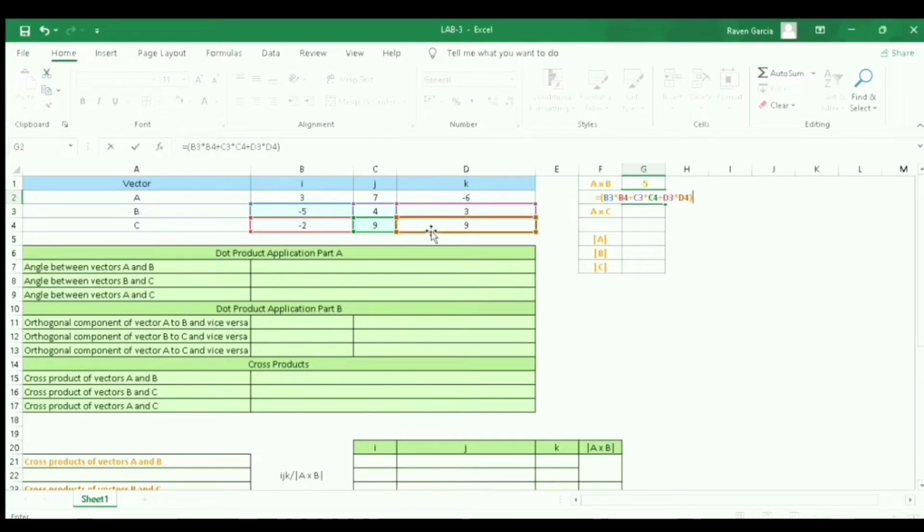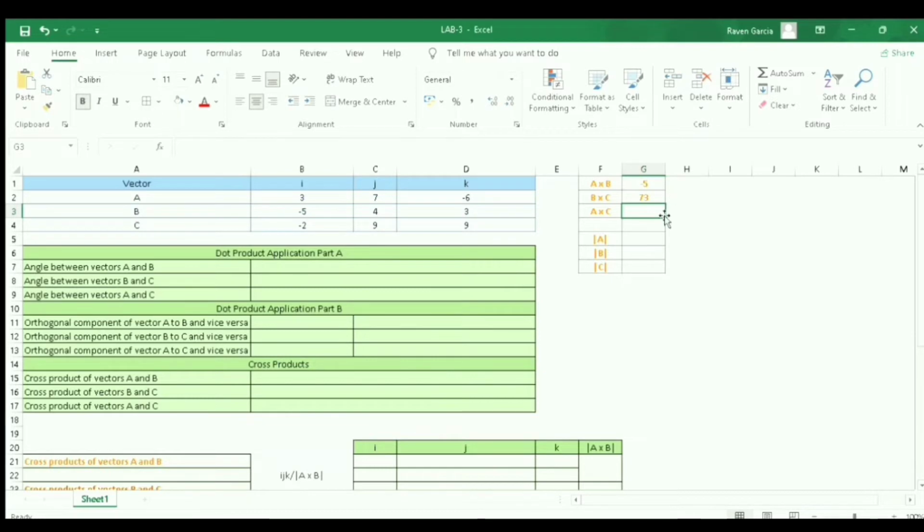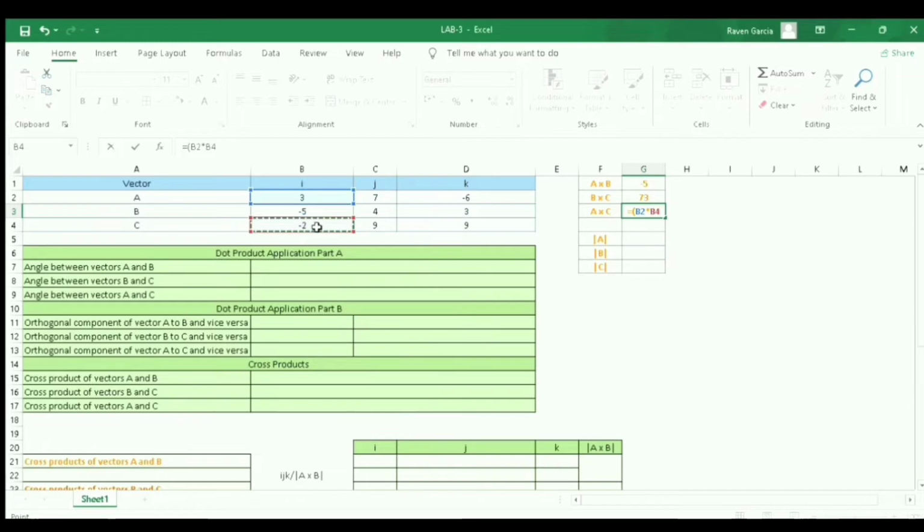The output is 7. At row 3, column G, input the formula equals open parenthesis B2 times B4 plus C2 times C4 plus D2 times D4 close parenthesis. The output is 3.